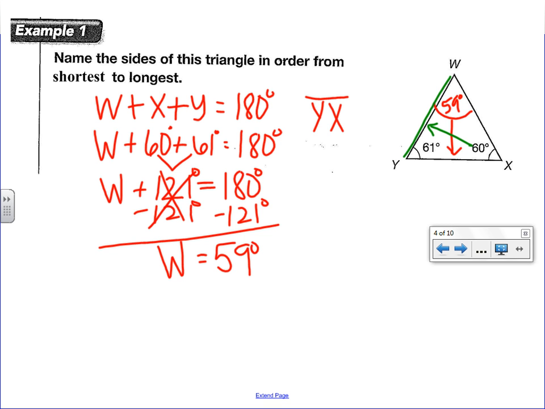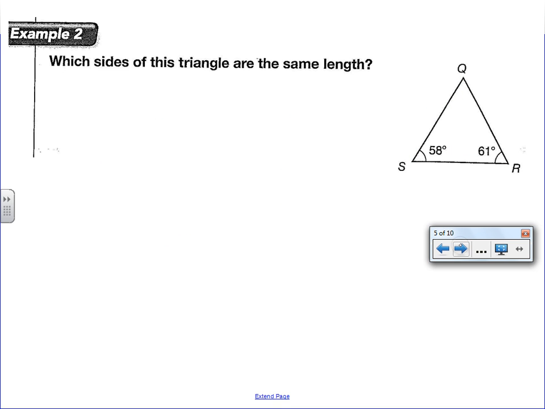So I have that side YW is next, which means 61 degrees is the largest and line WX has to be the longest. So this is your order, 1, 2, and 3, from shortest to longest.